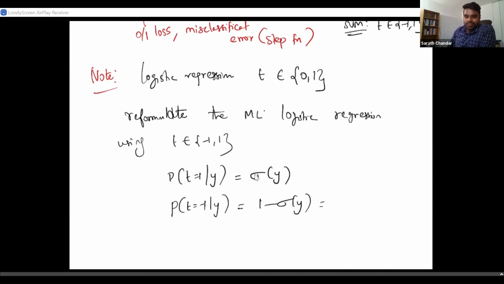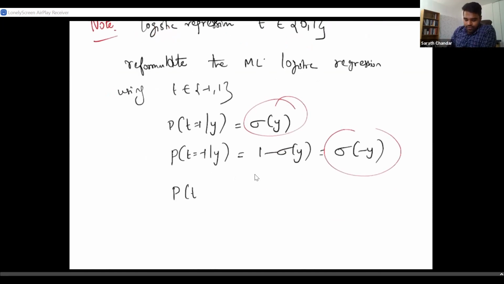Now, by a property of the sigmoid function that we have seen before, this is sigma of minus y. Now I can combine these together and just write the probability of t given y as sigma of yt. So if t is positive, it's going to be sigma of y. If it is negative, it's going to be sigma of minus y.